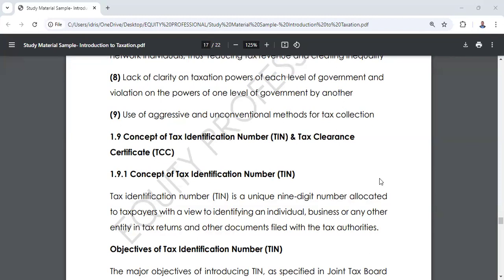As a company, if you want to pay tax, you use your TIN number to pay. As an individual, if your employer wants to pay tax for you, they use your taxpayer ID to pay for you, so that the tax will be credited to your account. So a unique number that is given by the tax authority to a taxpayer for the purpose of identification during tax return and tax payment is called tax identification number.